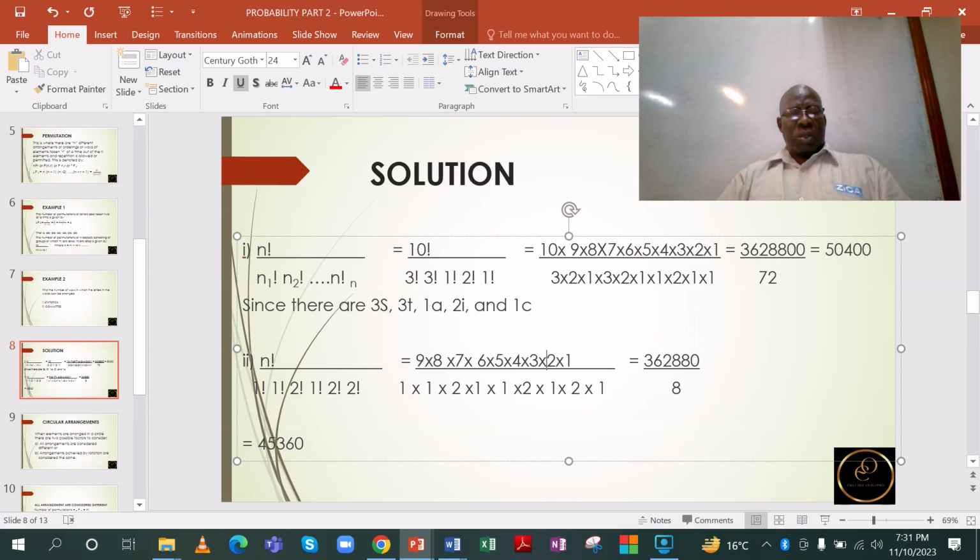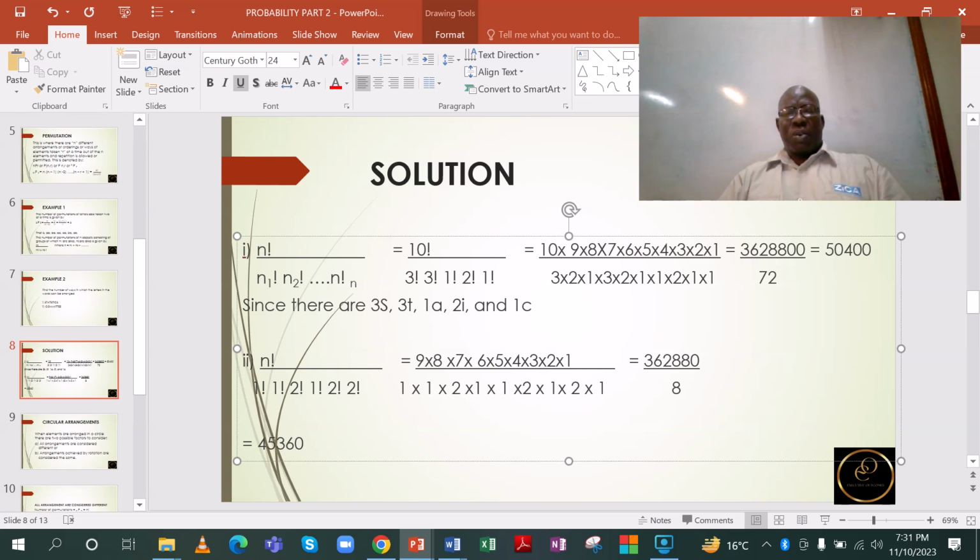Then you look at 1 times 1 times 2 times 1, because in committee there is 1 C, there is 1 O, there are 2 M's, so N3 is 2 factorial, so 2 times 1. Then there is 1 I, so times 1. Then there are 2 T's, that is 2 times 1. Then 2 E's, that's 2 times 1.